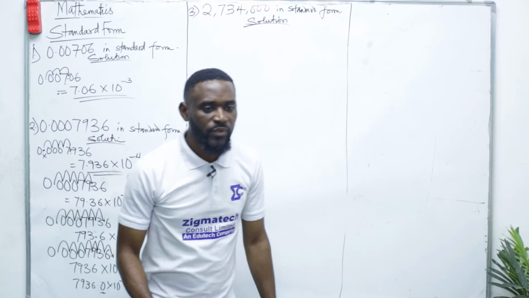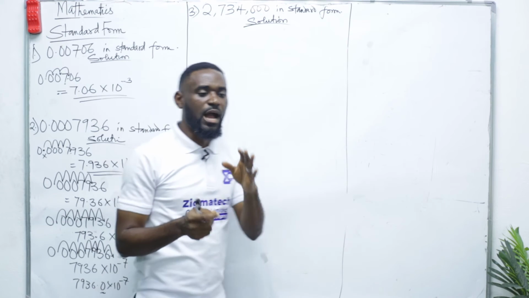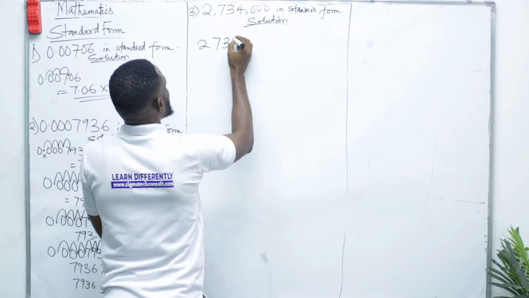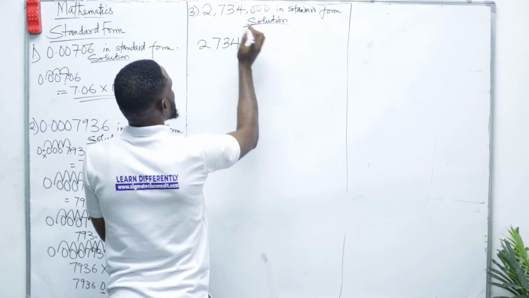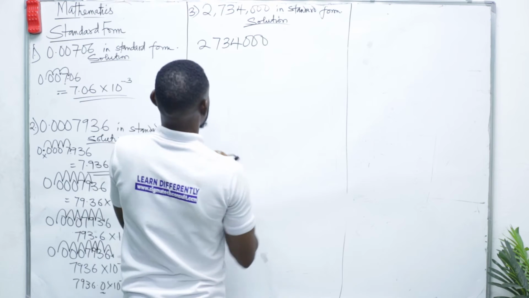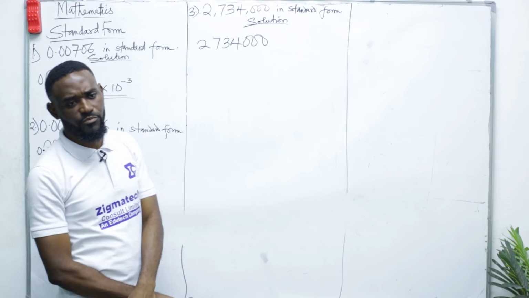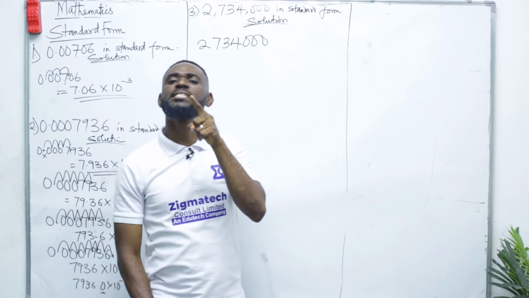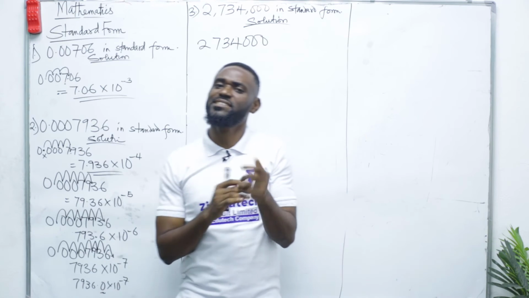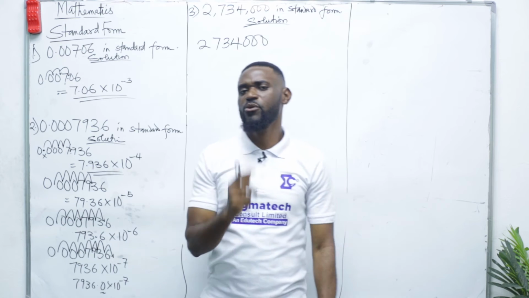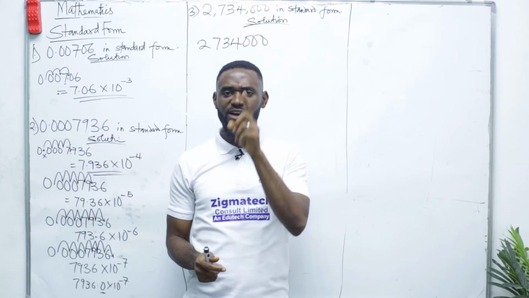So now our point. Remember, I said this is 2734. I'm removing all those commas. 0, 0, 0. Okay. So we want to convert this number to standard form. Now remember, the challenge or the problem we want to solve in standard form is to identify where you have the decimal point. Where you have the decimal point.